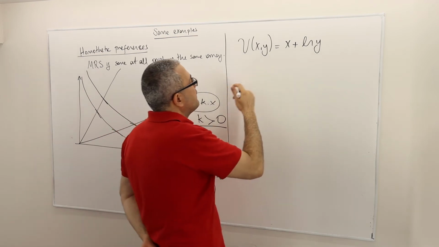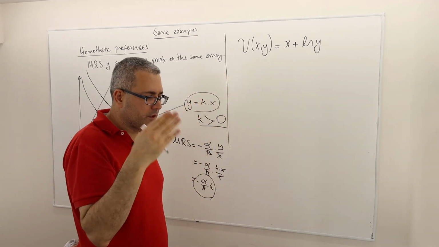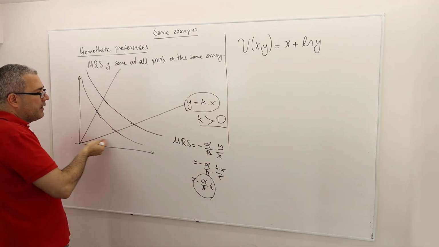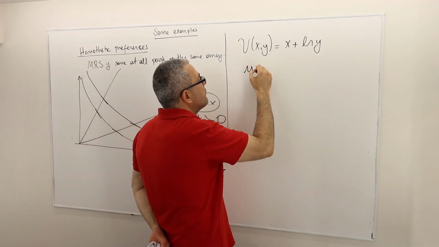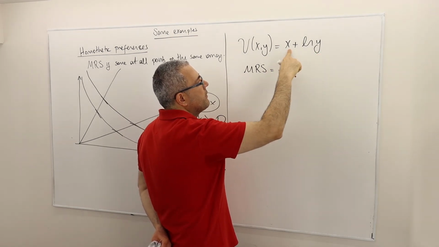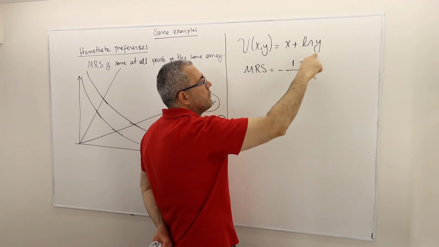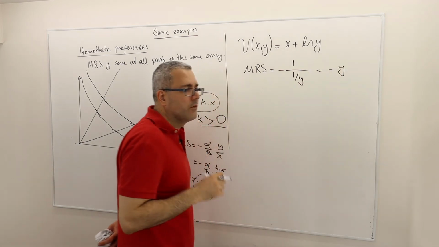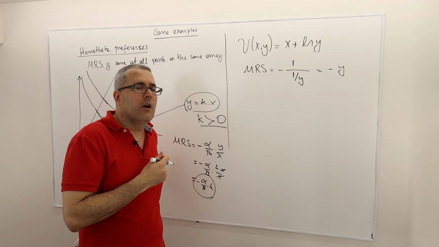So in this utility function, the indifference curves are not going to have this nice shape, meaning their MRSs will not be fixed along an array. And the marginal rate of substitution, if you calculate this, is minus the marginal utility with respect to x, which is just 1, over the marginal utility with respect to y, which is the derivative of ln y, just 1 over y, so it's minus y only. So the marginal rate of substitution depends only on the y good. All right.